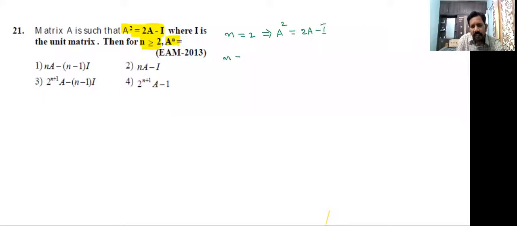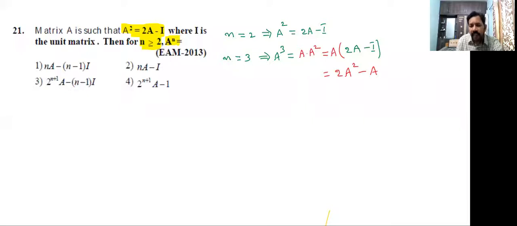If n is equal to 3, then what happens, students? We get A cube. A cube means how to write? A into A square. A into, what is the A square value? That is 2A minus I. So now multiply these two. 2A square minus A into the identity matrix, that should be A only.